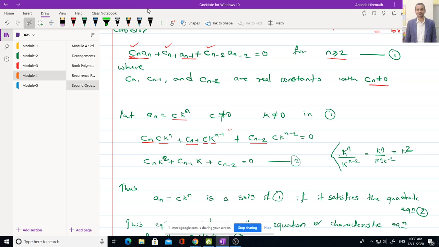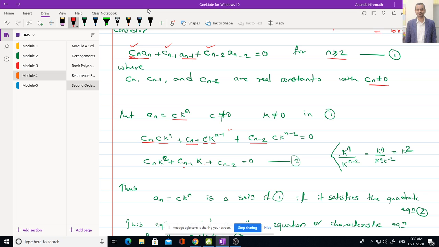Then Cn minus 2 as it is, but instead of An minus 2, I will put c into k raised to n minus 2 equal to 0. Now if I simplify this, it will be Cn k square plus Cn minus 1 k plus Cn minus 2 is equal to 0.